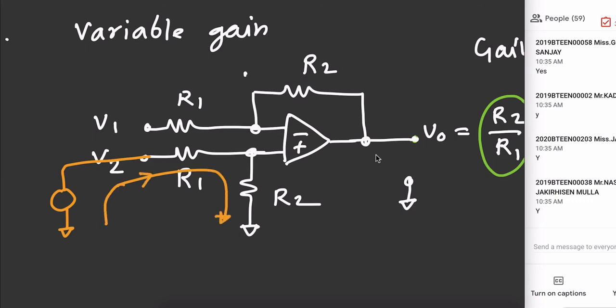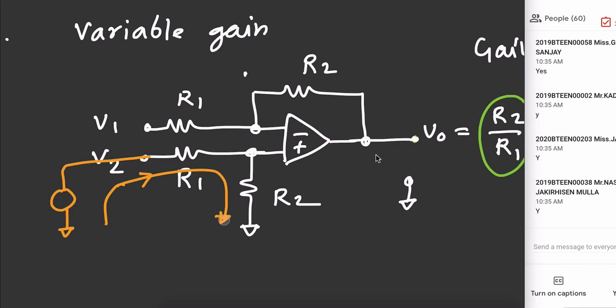So what we wanted to do, very high input impedance, may not be possible in this particular configuration. So we want three things. One is high input impedance, second one is difference amplifier, third one is variable gain, out of which we are able to get few things, but still we have some problems. So input impedance is not very high for this circuit.